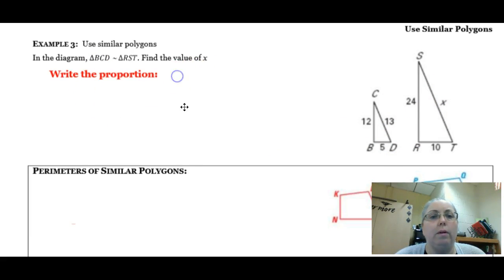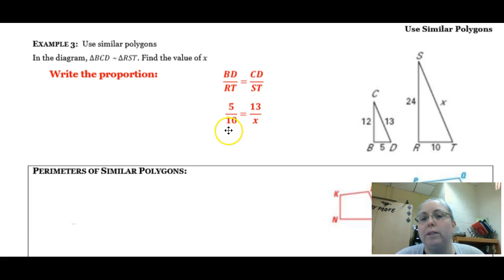I know that BD is in proportion with RT, and CD is the corresponding side to ST. So that's my proportion, and now I just need to plug in my numbers.